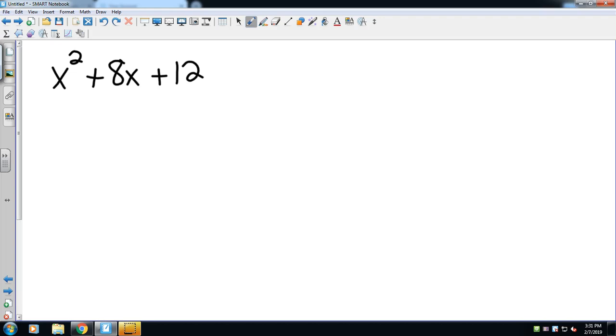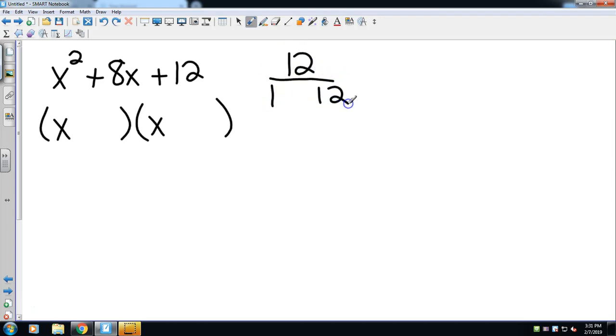We're going to start off every problem with two sets of parentheses. Remember, we would do first times first. There's only one way that we can take x's and get x squared if we multiply them, and that's x times x. Now, off to the right here, we're going to do the factors of 12: 1 and 12, 2 and 6, and 3 and 4.